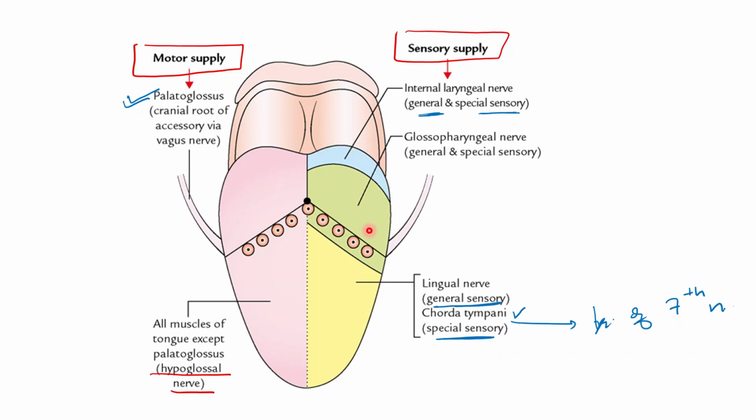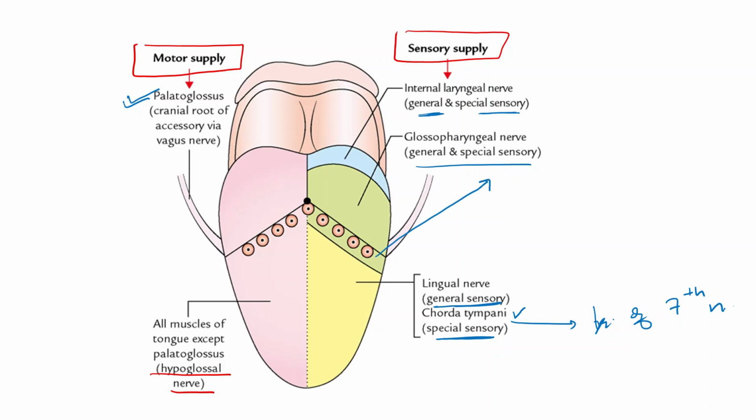From the posterior one-third, including the vallate papillae, both general and special sensation is carried by the ninth cranial nerve, that is the glossopharyngeal nerve. So the glossopharyngeal nerve carries both special and general sensation of the posterior one-third of the tongue, plus the taste sensation from the vallate papillae as well.